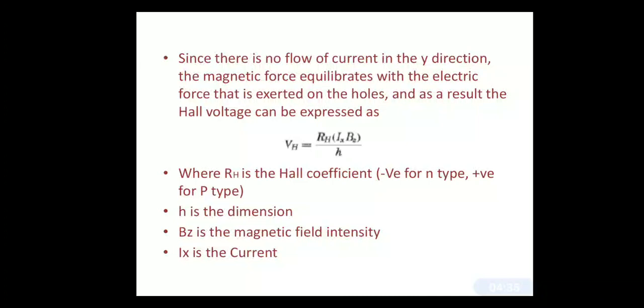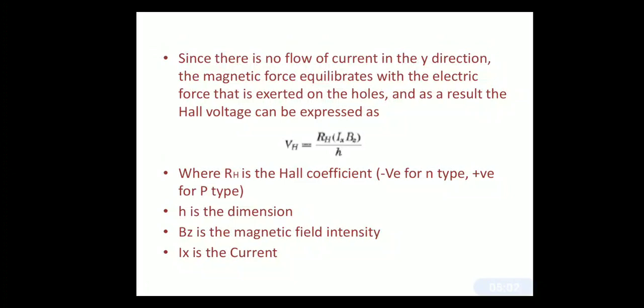Now, there is no current flow in the Y direction. In the X direction there is current flow due to the external voltage applied, but there is a Hall voltage generated in the Y direction, and since there is no closed loop, there won't be any current flow. Since there is no current flow, a force equilibrium has to be maintained.